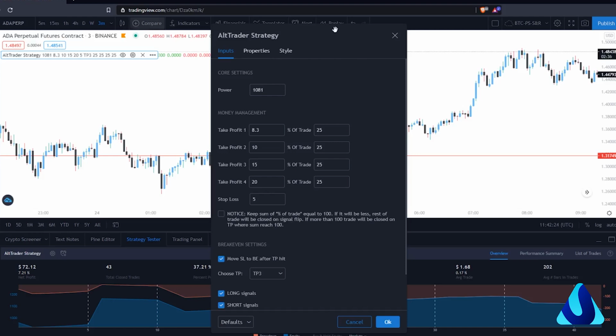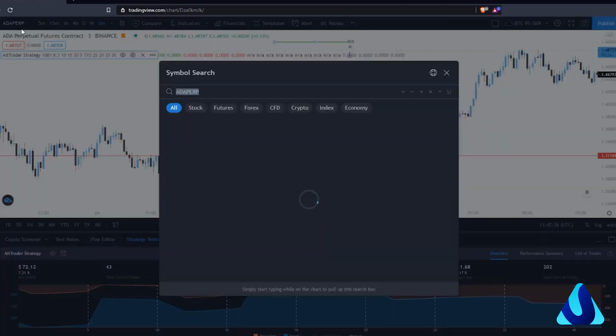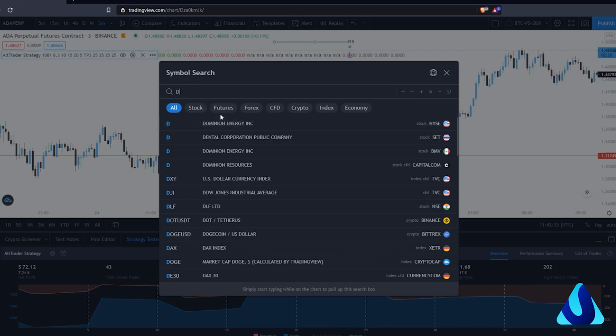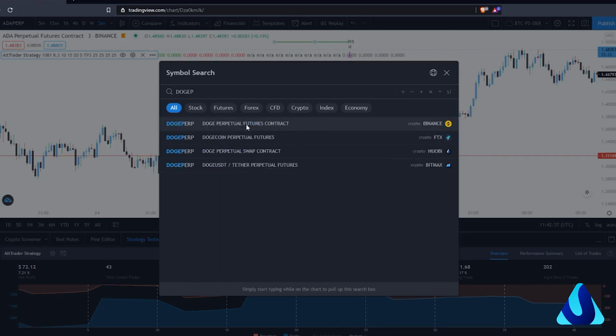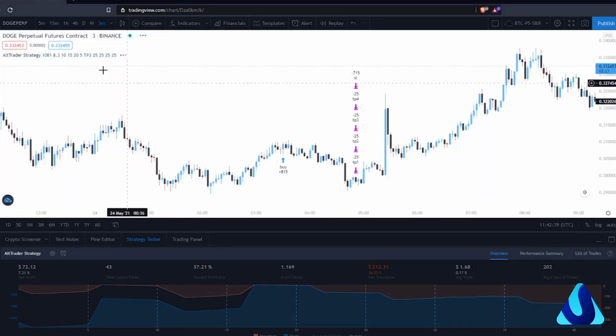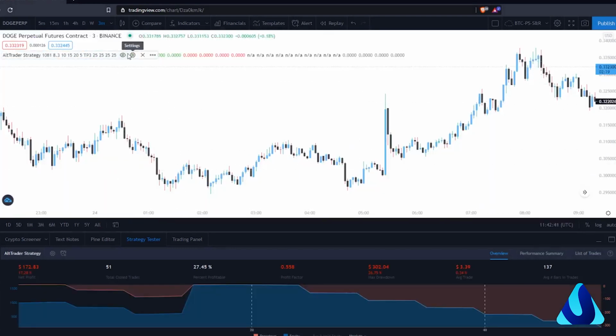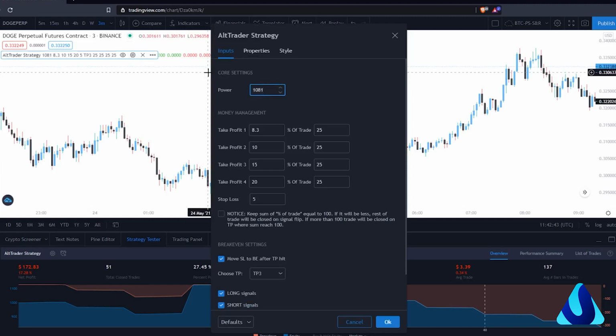So I would first look at the coin that you want to trade, and from that make your way to testing out different strategies and different ways of working, seeing what strategy works best for you on that coin pair.